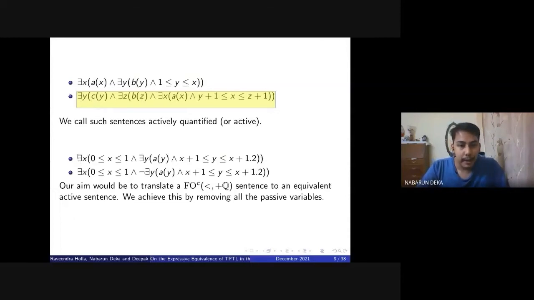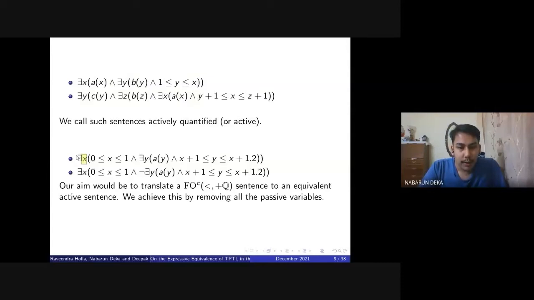However, if there were variables which were not forced to be action points, such as x in this sentence, we call such variables passive variables. Now, if a sentence has passive variables, then it might be the case that it expresses different languages when interpreted in the continuous and pointwise semantics.